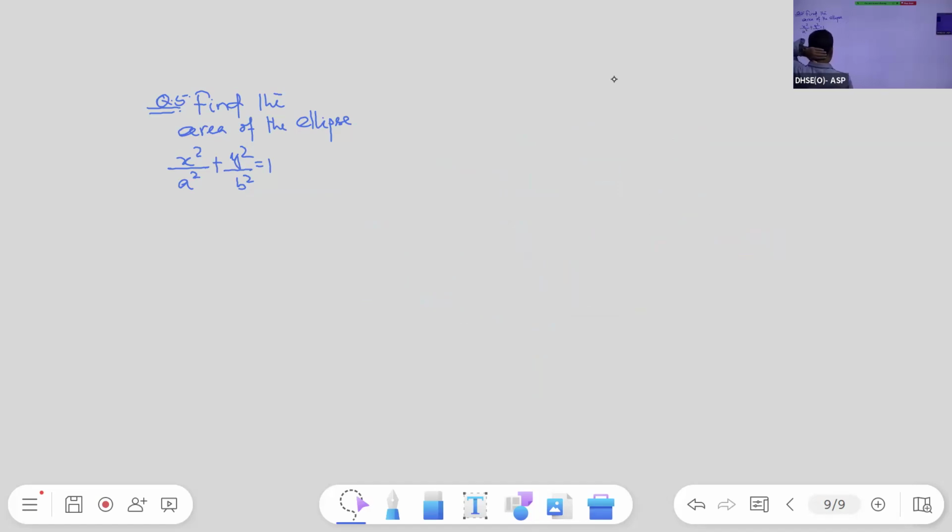Find the area of the ellipse x square upon a square plus y square upon b square is equal to 1.